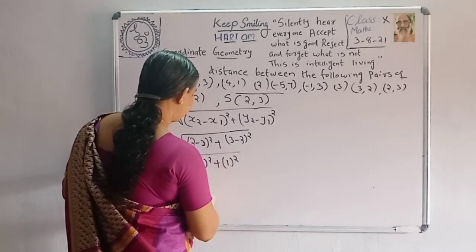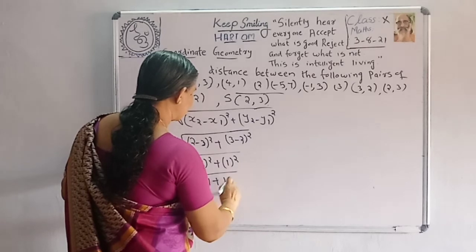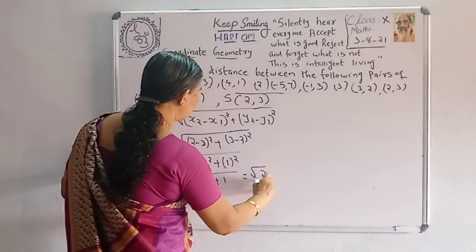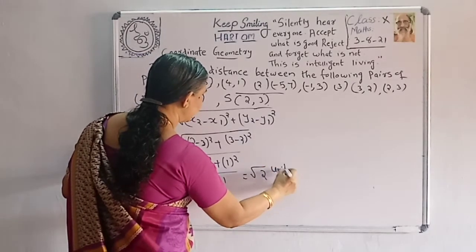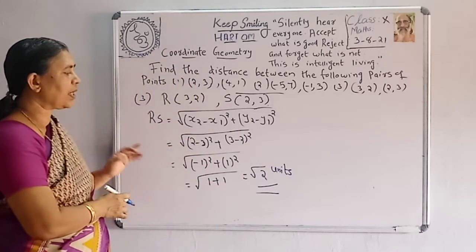Minus 1 the whole square is plus 1, and 1 the whole square is also 1. That is equal to root 2 units. So the distance between the points R(3, 2) and S(2, 3) is root 2 units.